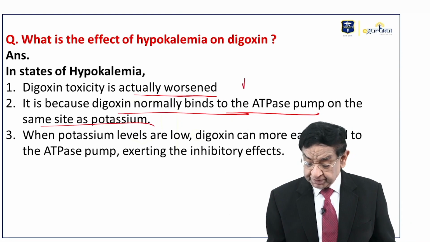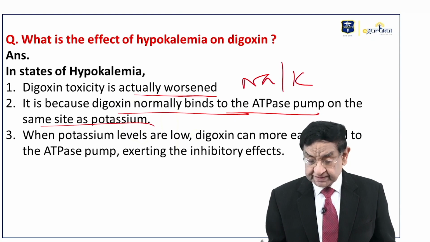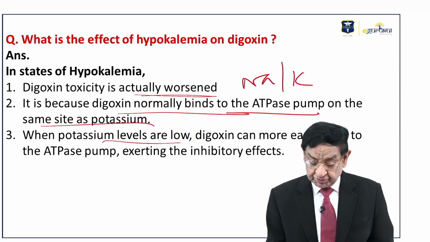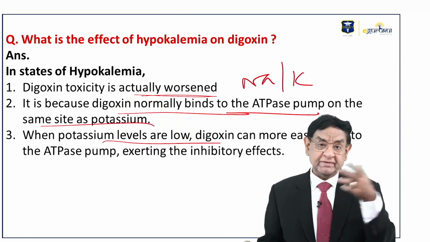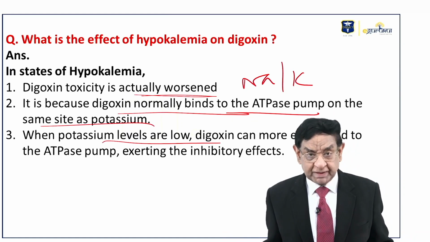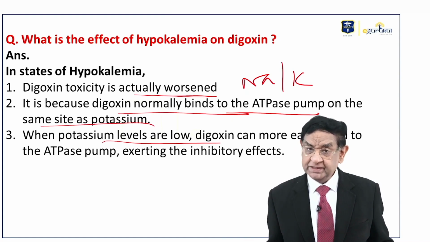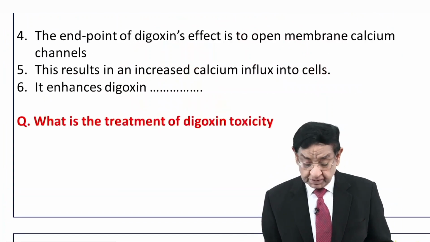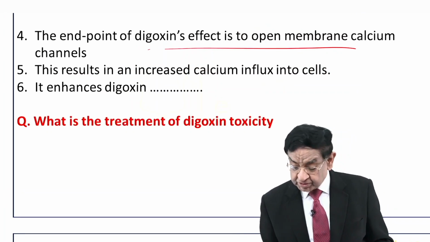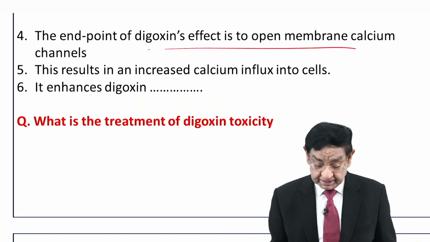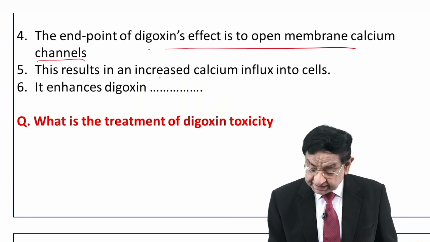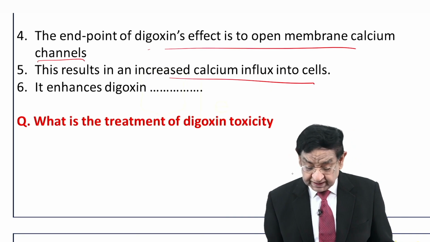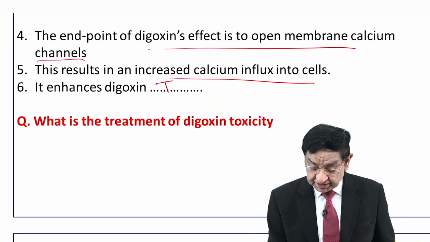It's a sodium potassium ATPase, same site binding is there. So when the potassium level is low, then there is more and more place for digoxin to bind. So this is how more digoxin binding will induce toxicity in hypokalemia. So the end point of digoxin effect is to open the membrane calcium channel, and this results in increased calcium influx into the cell, and this enhances digoxin toxicity.